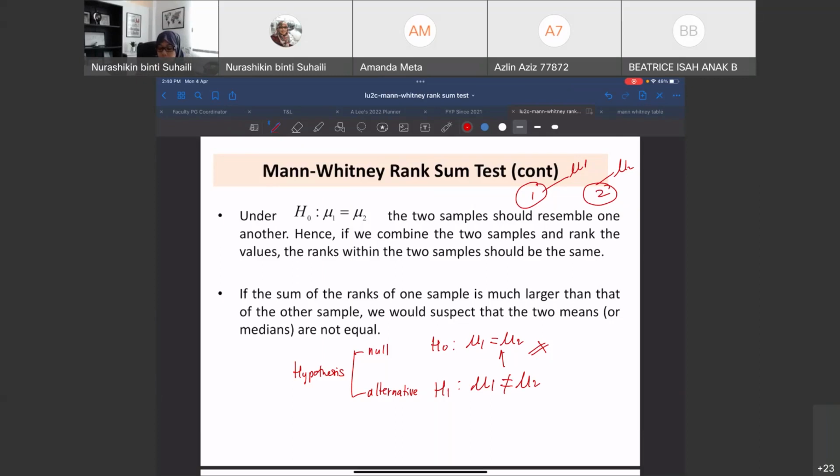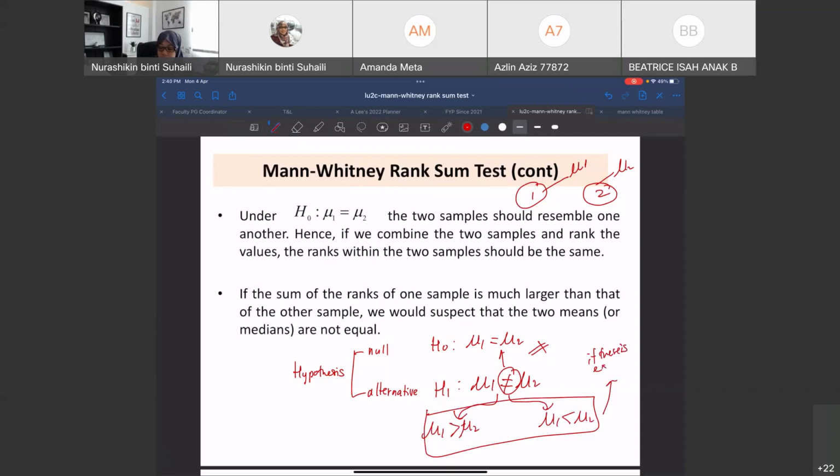Because when it is not equal, it could be two conditions: mu 1 could be greater than mu 2, or mu 1 could be less than mu 2. So this condition is only stated if there is extra information.